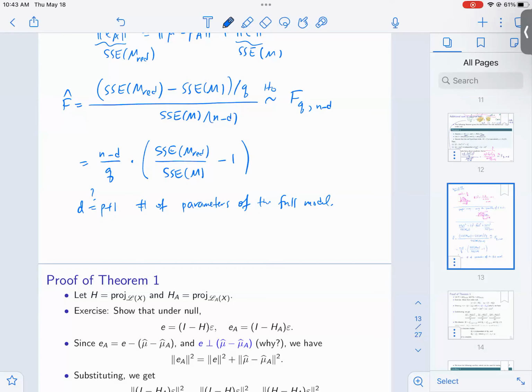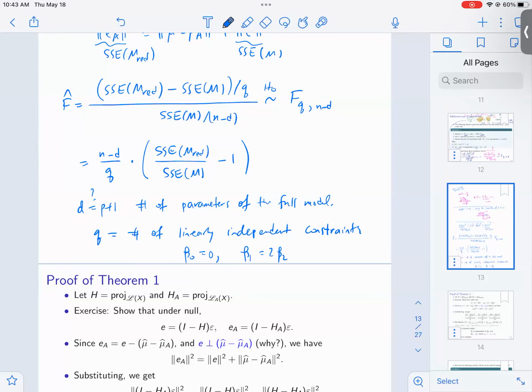What is Q? Number of linearly independent constraints. So the example at the top, the very first one, beta 0 equal to 0, and let's say beta 1 is equal to beta 2.